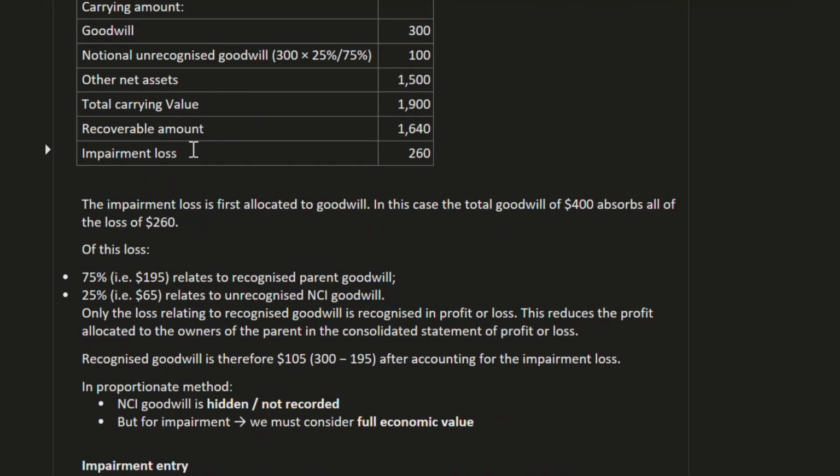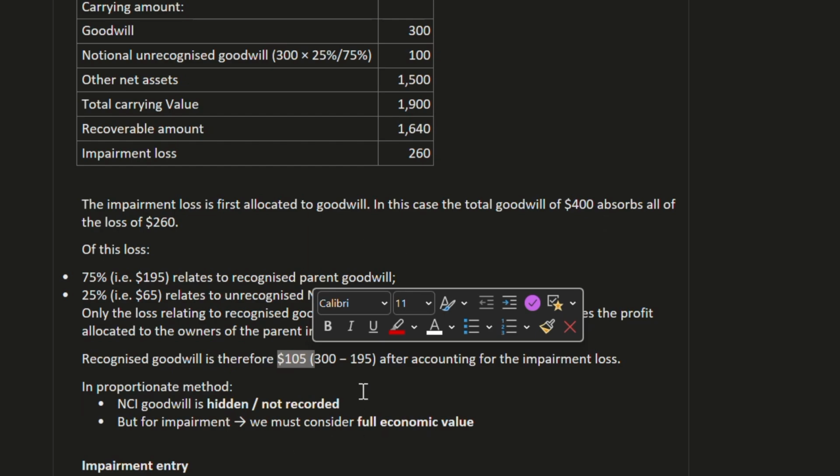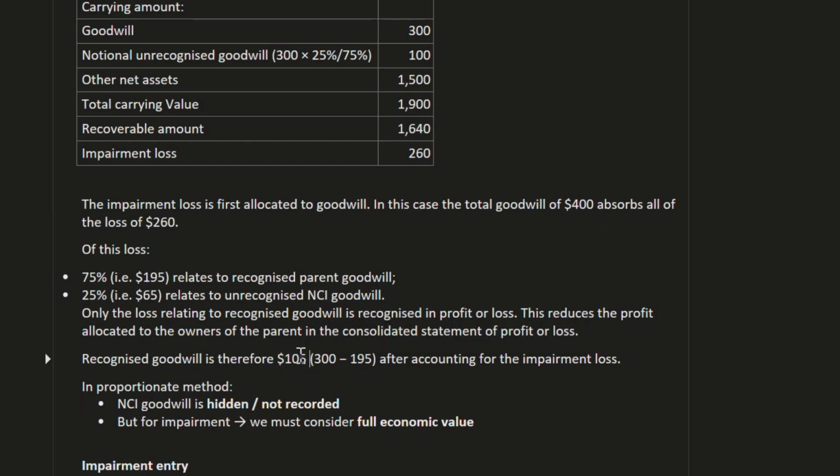We will consider full value, but the rest we got how much? 260 minus goodwill value, 400 sorry, was 140. So 140 will not be there anywhere. Only 105 we will consider, because 140 also includes the NCI share of 25%. But here in the partial goodwill method, NCI proportion is ignored.